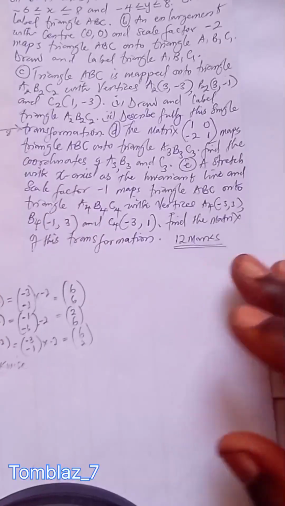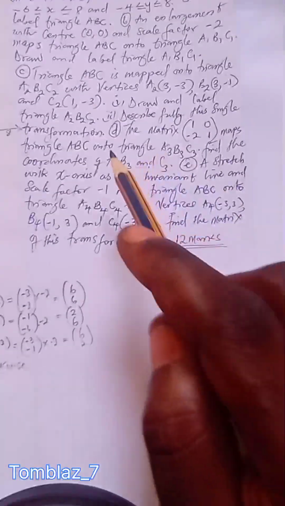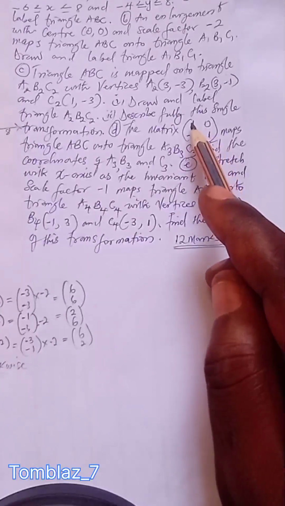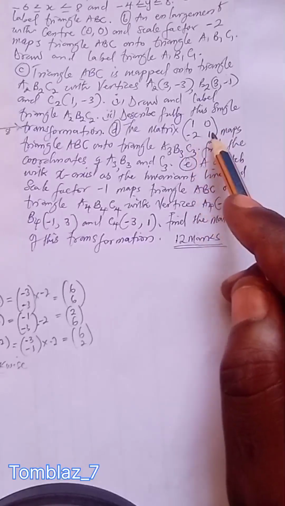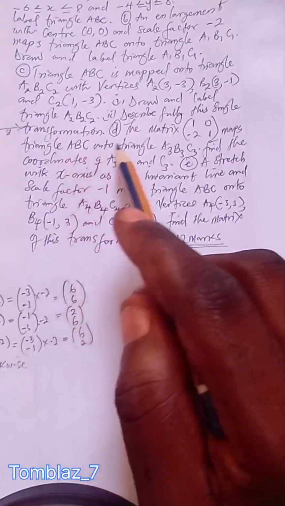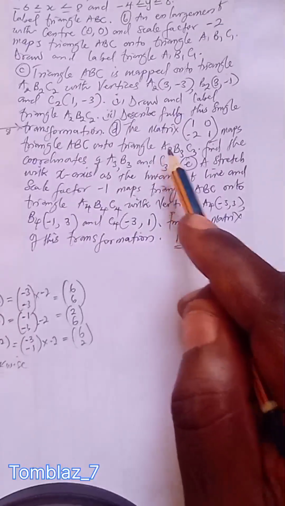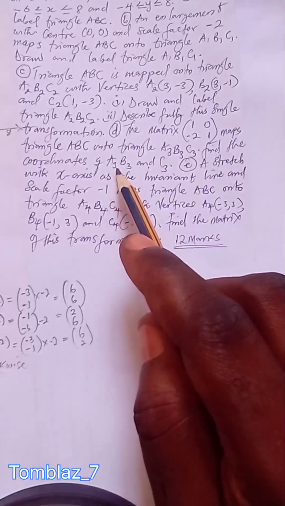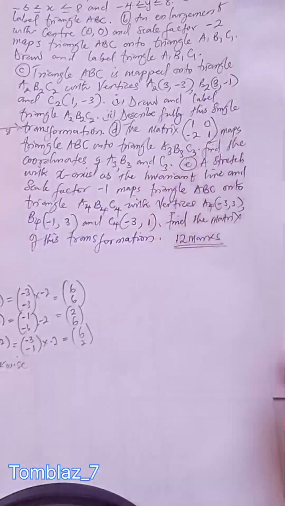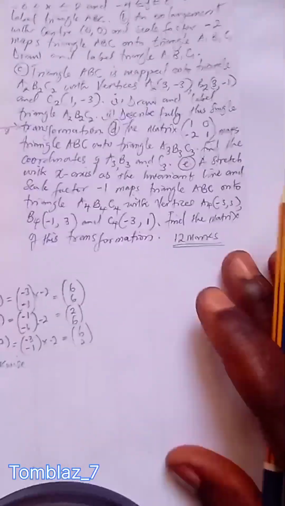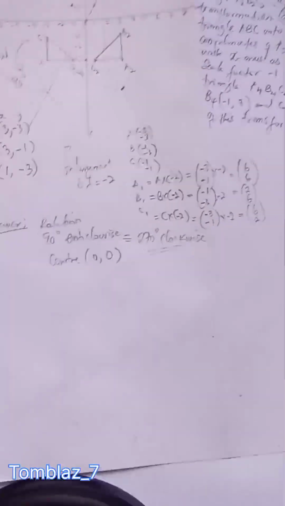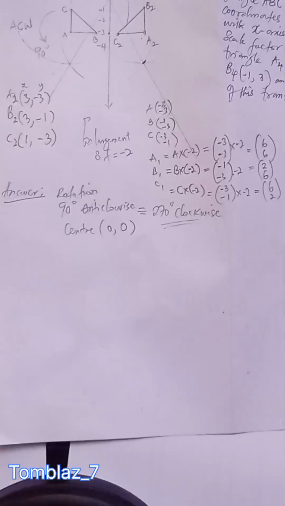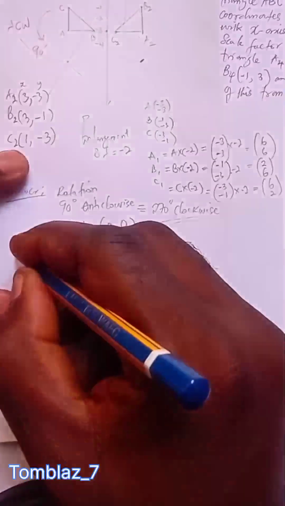The next question said that the matrix 1, 0, -2 and 1 maps triangle ABC onto A3, B3, C3. We should find the coordinates of A3, B3 and C3. Okay, this is how we go about this one. First, let's write what we were given.